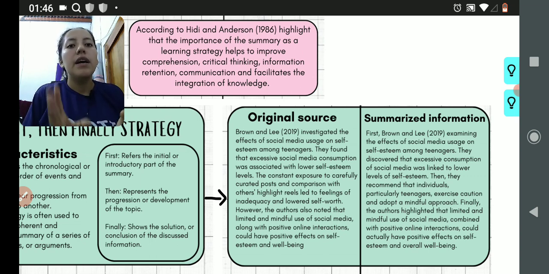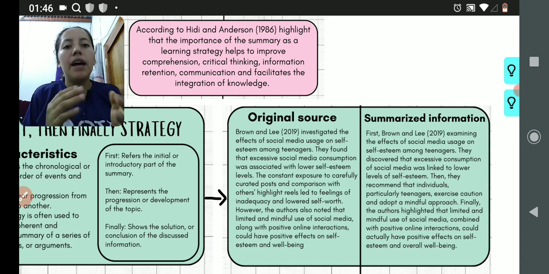The first refers to the initial or introductory part of the summary. The first part is about the effects of social media. Then represents the progression or development of the topic. In this kind of investigation, the researchers give some recommendations about what they have studied.